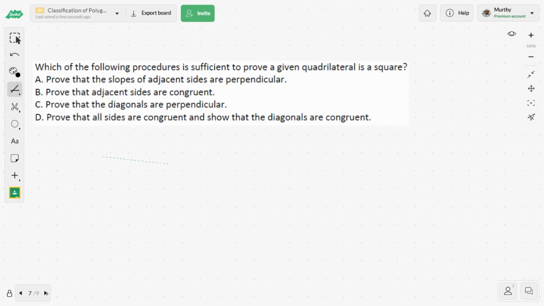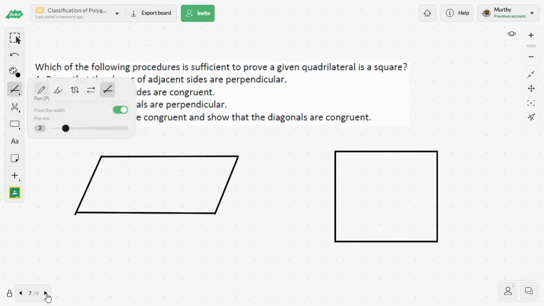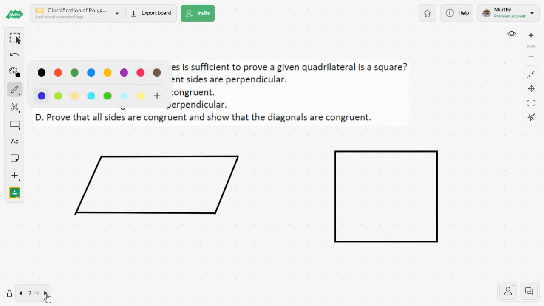Suppose you take a parallelogram, let me make a parallelogram, and you are asked to prove that this is a square. So you have to think of what are the unique qualities of a square as compared to a parallelogram.